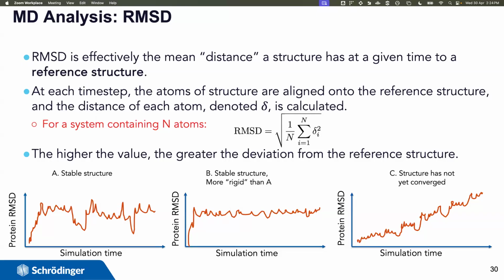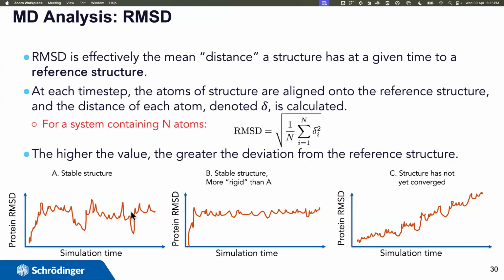There is one question: how much fluctuation is permissible? There is no such cutoff value as such, but typically the RMSD should be below 3 angstrom. If it is below 3 angstrom, it means your structure is deviating up to 3 angstrom from the crystal structure, and that is acceptable.